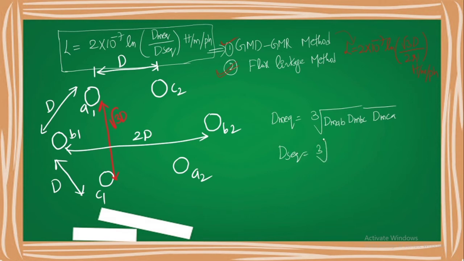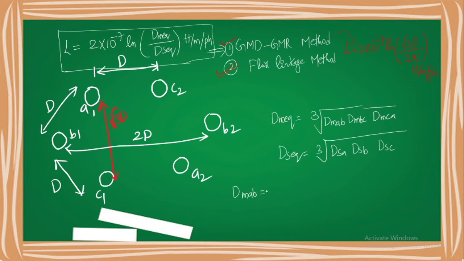It is again the cube root of GMR of A phase multiplied with GMR of B phase multiplied with GMR of C phase. First, let us see what is the value of Dm AB.